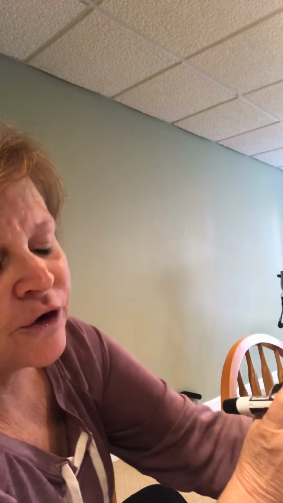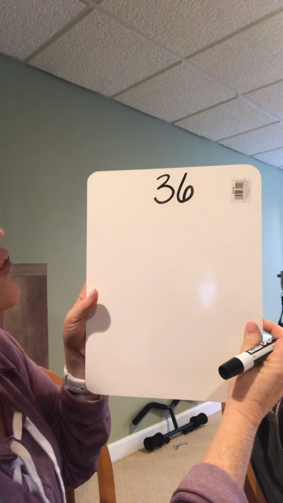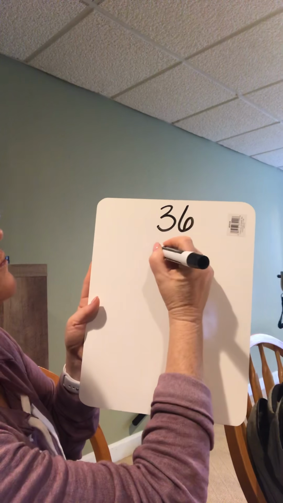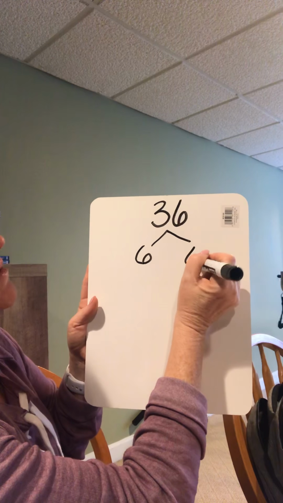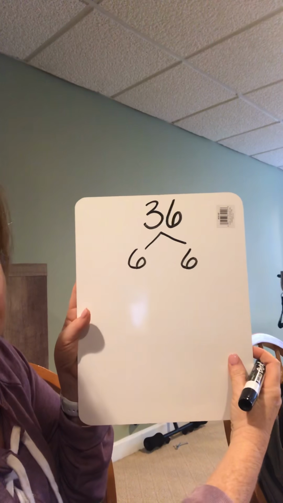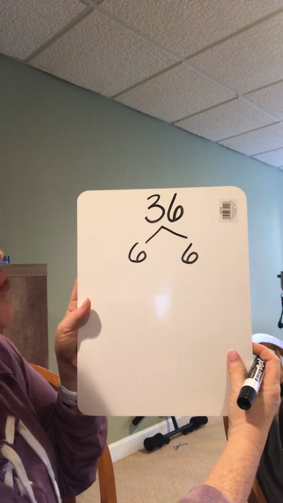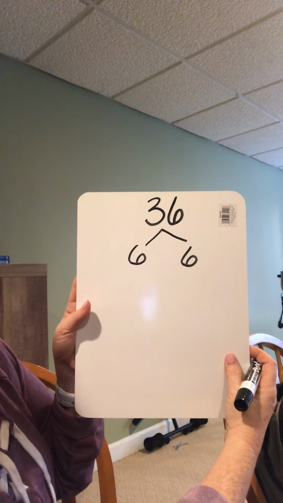Let's do one more example. Let's look at 36. Okay? 36 has lots of factors, so you can kind of pick where you want to start. So 36 is a double. So I can go, okay, 6 times 6 is 36. But 6 is not a prime number because we can get 6 in other ways besides 6 times 1.